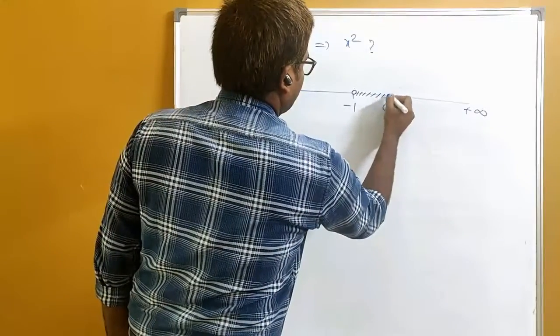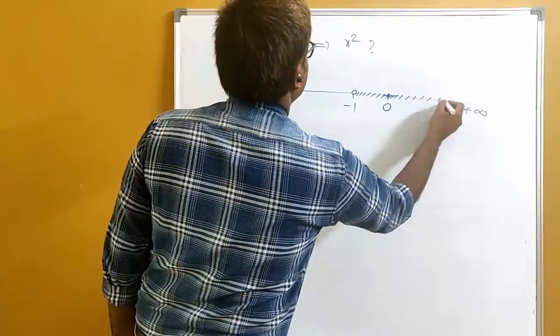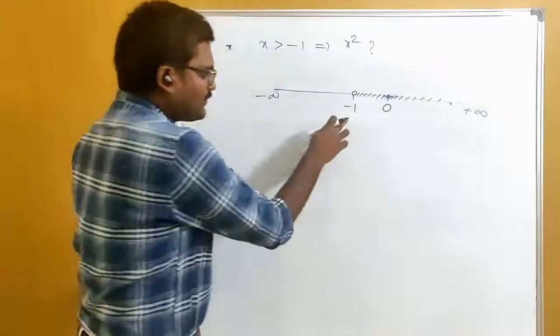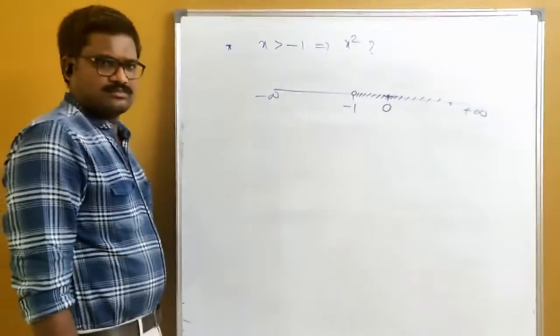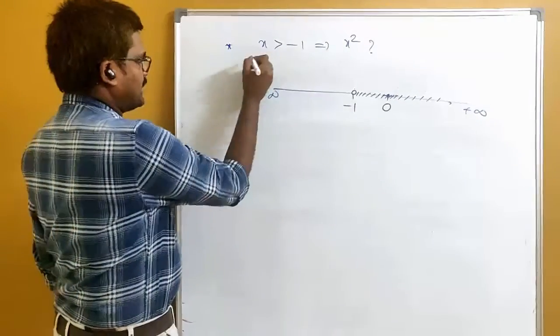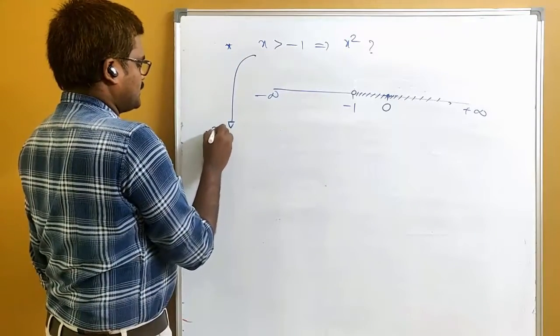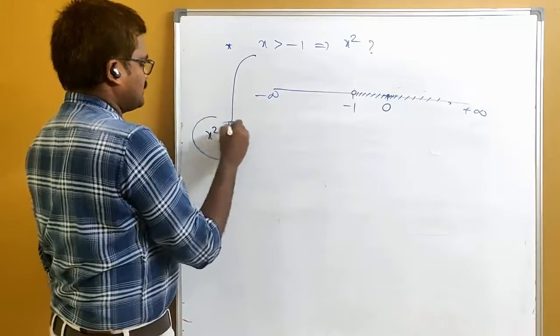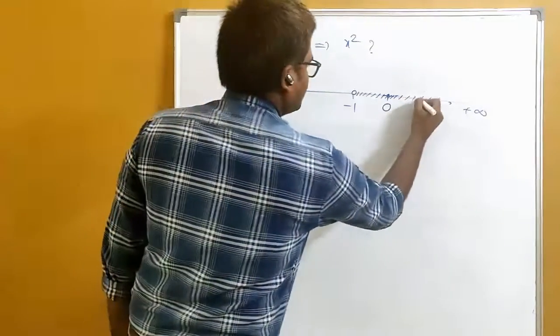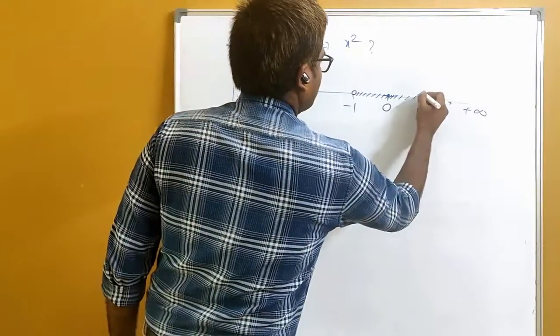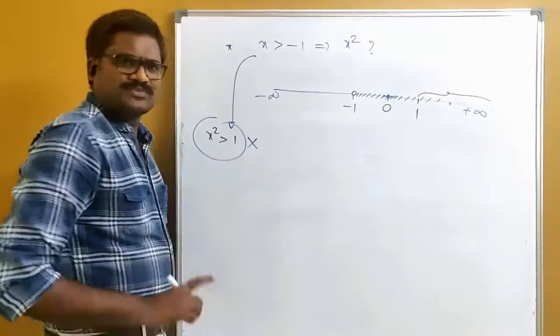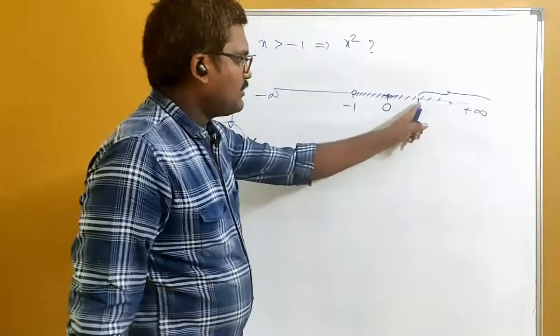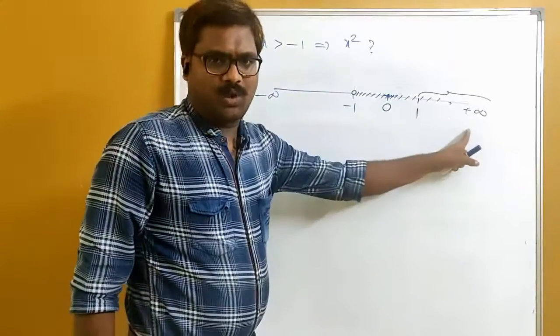And at 0, and of course, all these values, these are x values. Now, if I square these x values, if you write x square greater than 1, which is wrong, this is 1 here. I am taking only these values. Is it correct? I am taking only these values greater than 1.